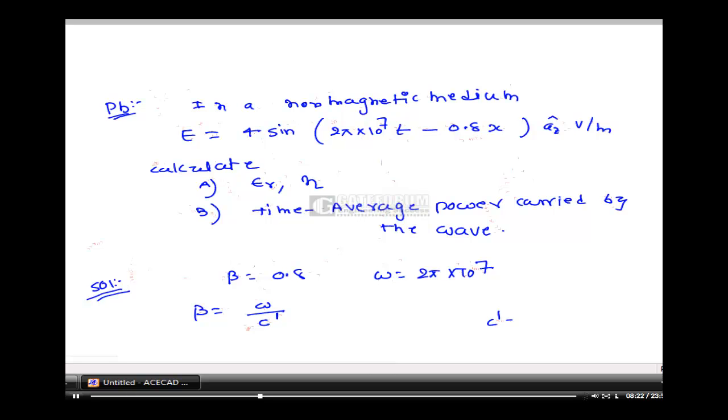Here C dash is equal to C by square root of mu r epsilon r. For a non-magnetic medium, mu r is equal to 1. Therefore, beta is equal to omega by C into square root of epsilon r.